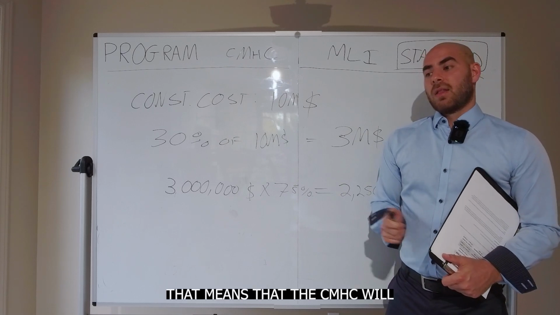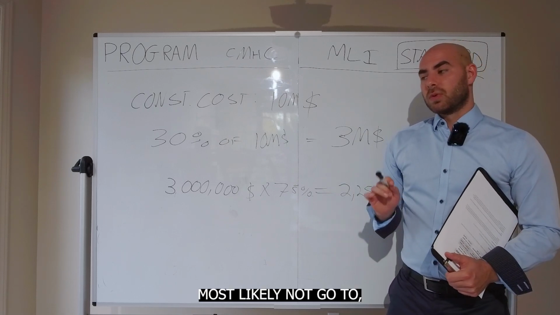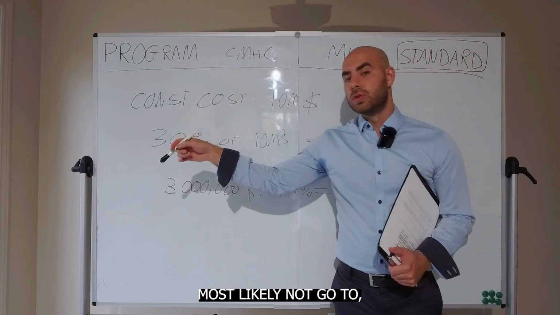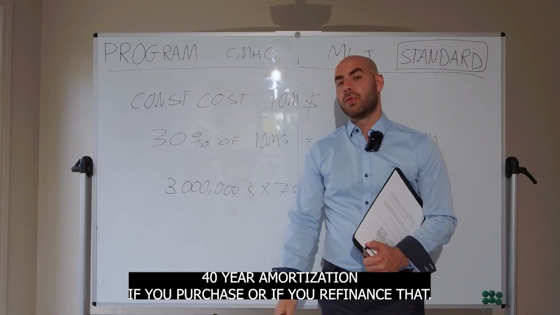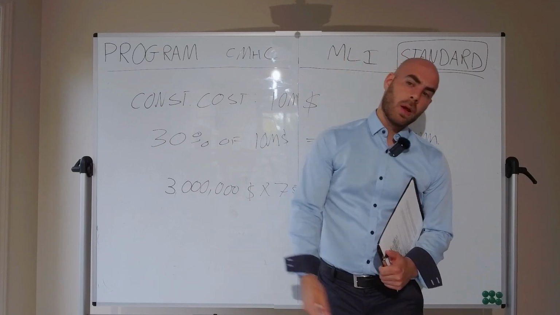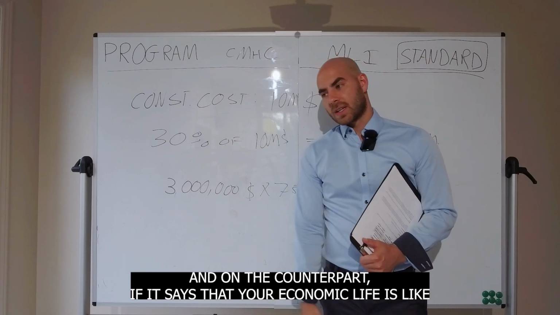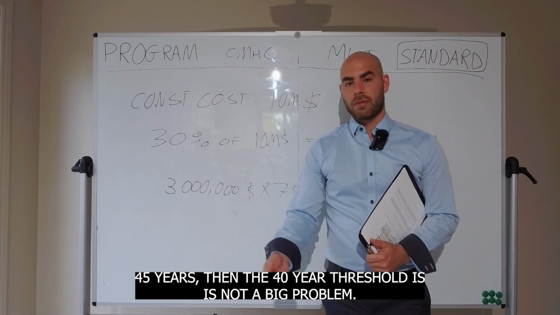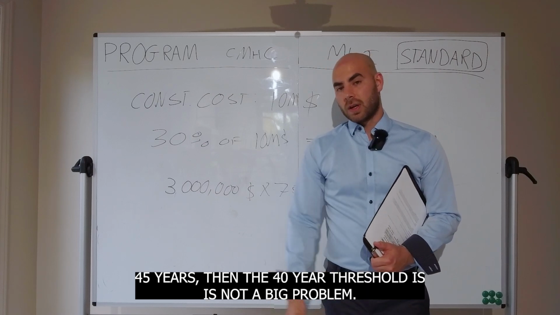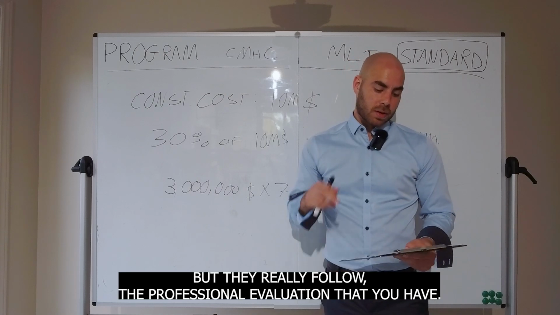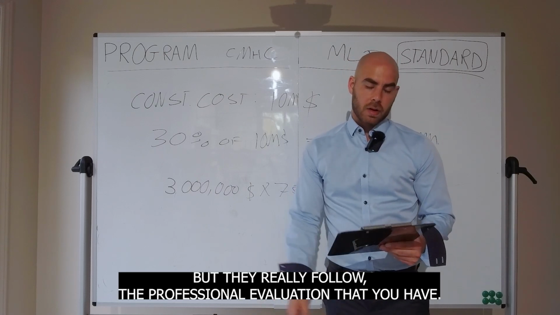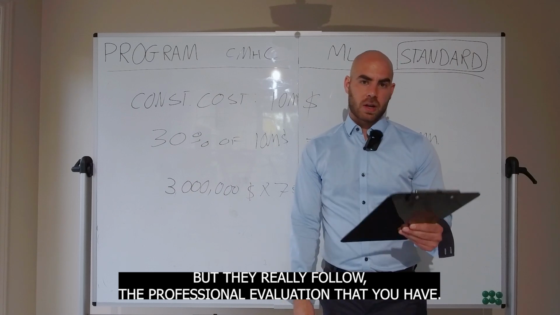That means that the CMHC will most likely not go to a 40-year amortization if you purchase or if you refinance that. And on the counterpart, if it says that your economic life is like 45 years, then the 40-year threshold is not a big problem. But they really follow the professional evaluation that you have.